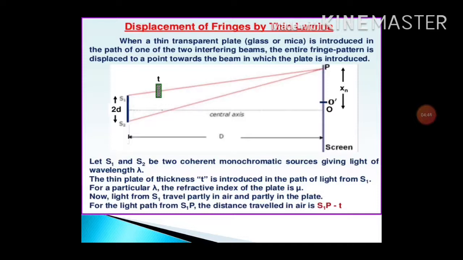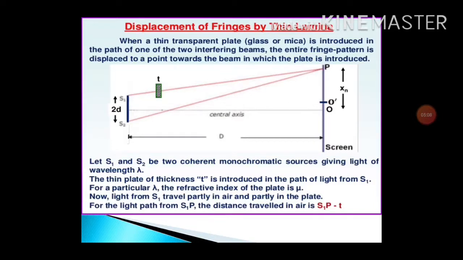We will see how this thin sheet or thin lamina displaces the fringes. If you put the thin sheet in the path of any one of the two interfering beams, the entire fringe system will be displaced, as you can see in the picture.